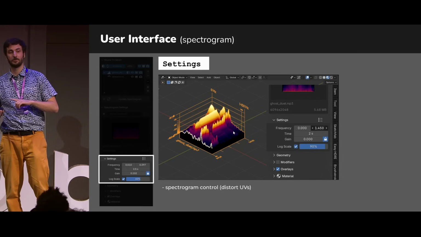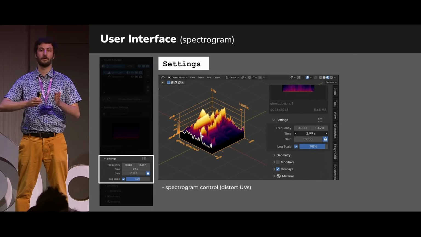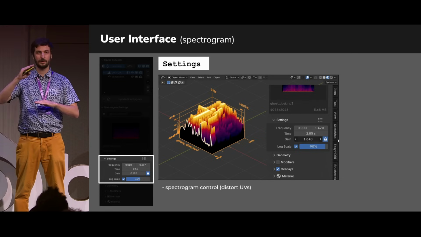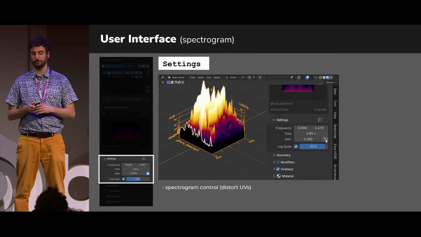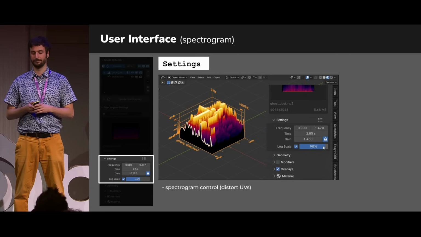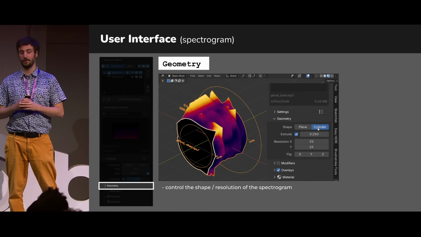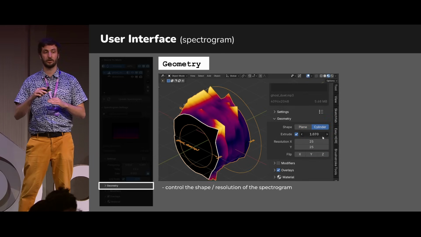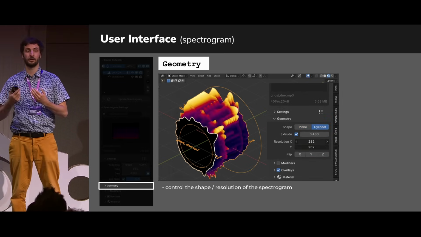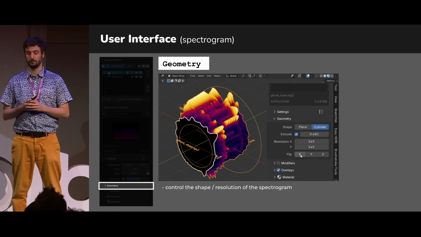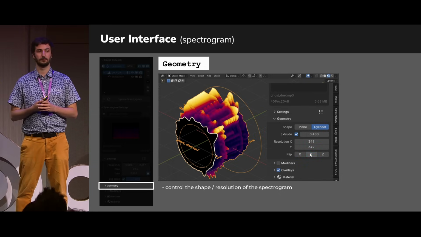In the settings options, you can choose the frequency range, the distribution, and the height of the spectrogram. In the geometry tab, you can better adjust the shape of the spectrogram and the resolution.